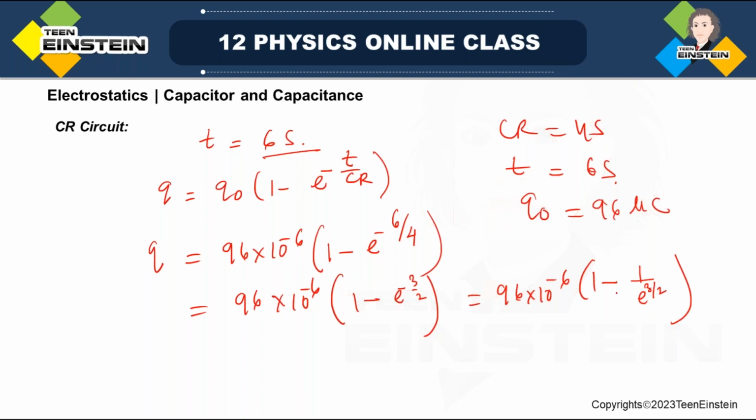Now you just have to do a little bit of calculation here, and you will get 74.5 microcoulomb as the answer.